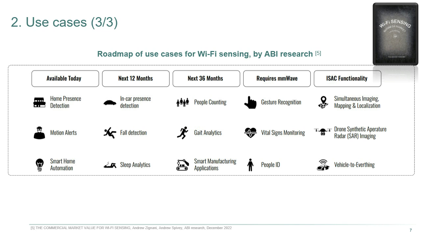Maybe they will appear in the next 12 months. Then some use cases may need more time, appearing in the next 3 years, for example people counting, gait analysis, and smart manufacturing. Even some use cases require millimeter wave. And then the final stage, ISAC functionality, for example SLAM, sound imaging, something like that.